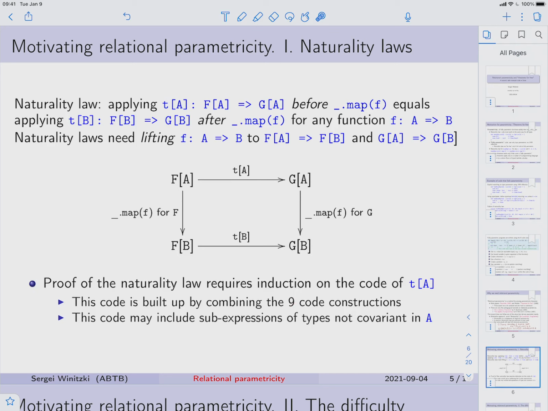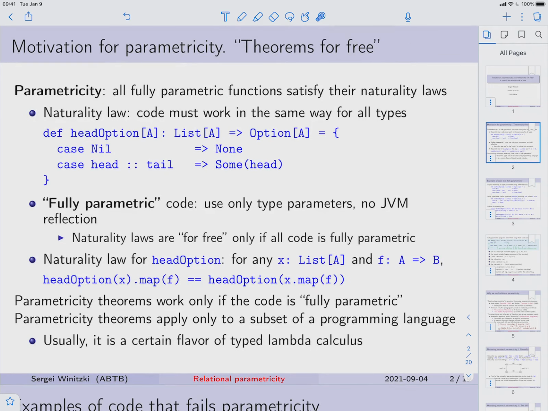For example, this code of head option is made of these 9 code constructions as well. So we can take it apart, and each one of these parts will again be purely functional and fully parametric code.